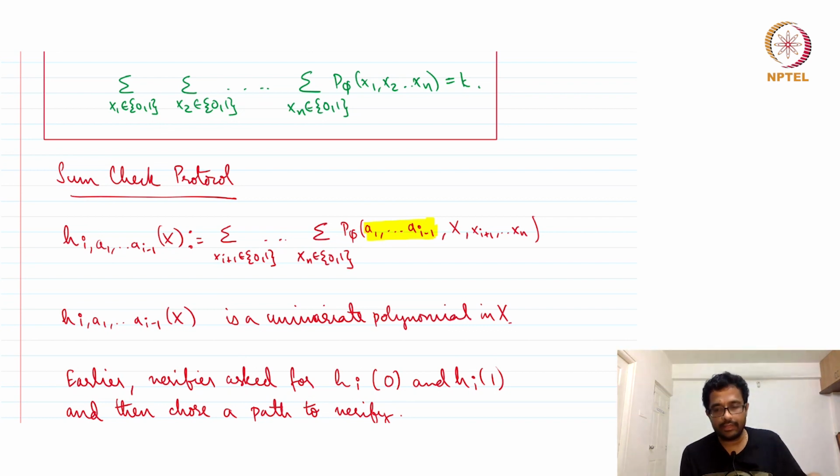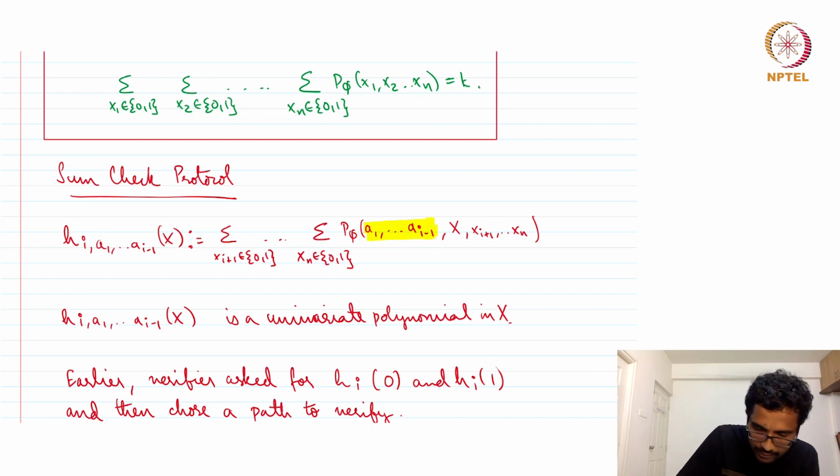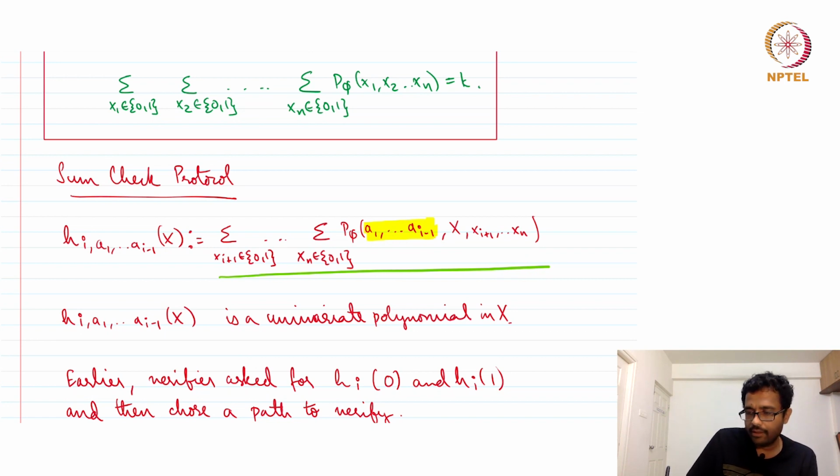We want to find the sum once we fix x1 to xi minus 1 as a1 to ai minus 1. We want to find the sum of the polynomial where the variables i plus 1 to xn are chosen from the 0, 1 values, right? It's exactly what's written here, so it may be a bit difficult to describe. The key thing is that the first i minus 1 variables are fixed.